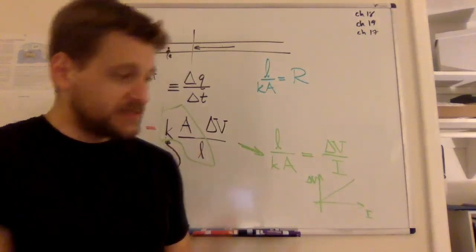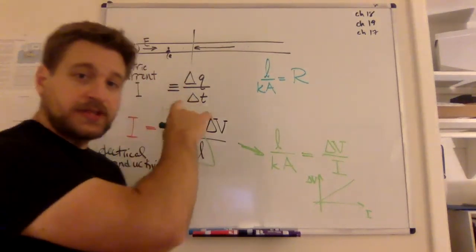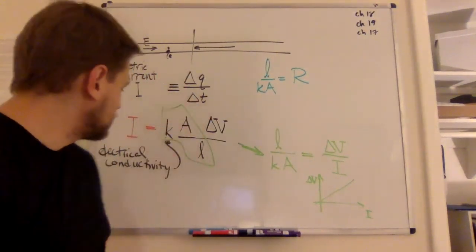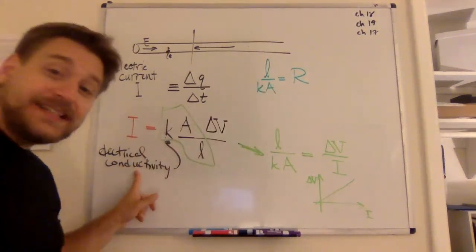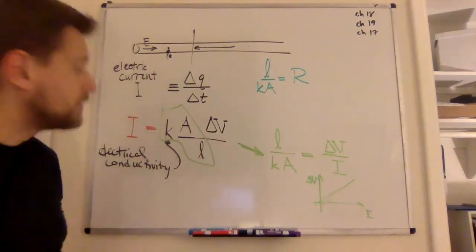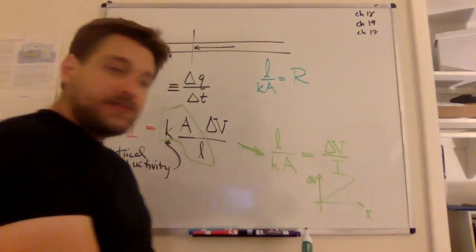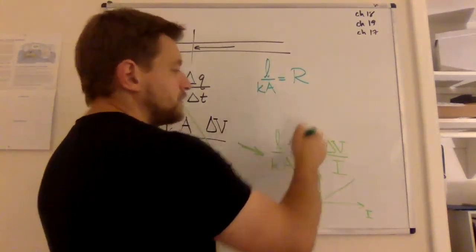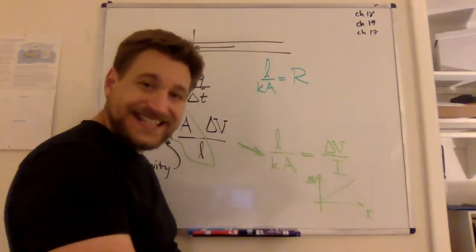If you look up resistance in chapter 18, you won't see a formula that looks like this. It'll look slightly different. That's because our formula is built for electrical conductivity. The section in the textbook that deals with this talks about not the conductivity, but the resistivity.